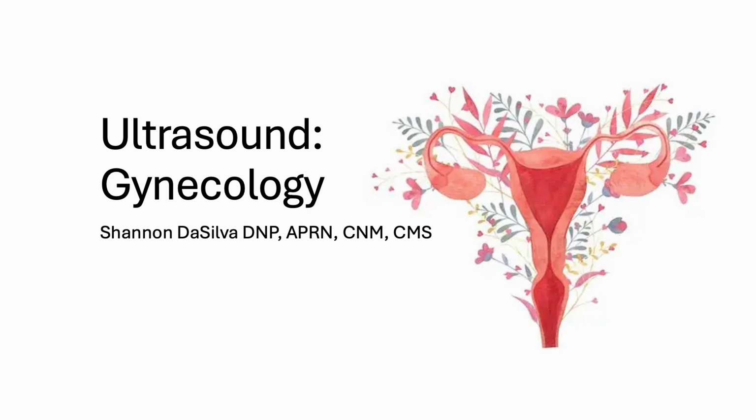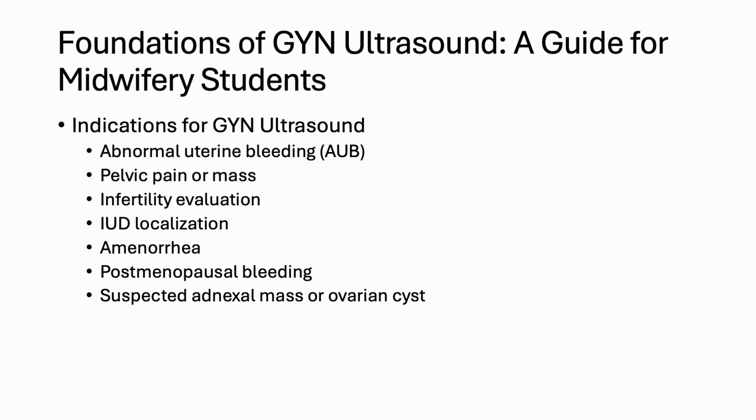So I hope that this presentation helps you to be more confident and helps build your understanding of gynecology related to ultrasound. So we are just going to do an overview for midwife students and foundations of GYN ultrasound.